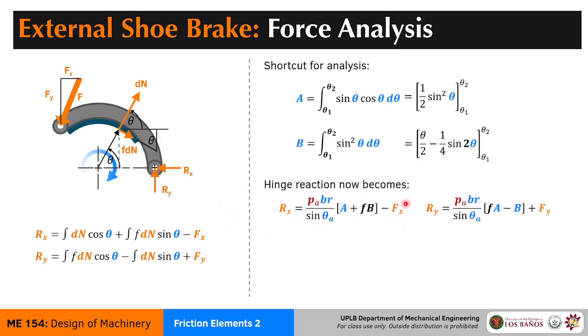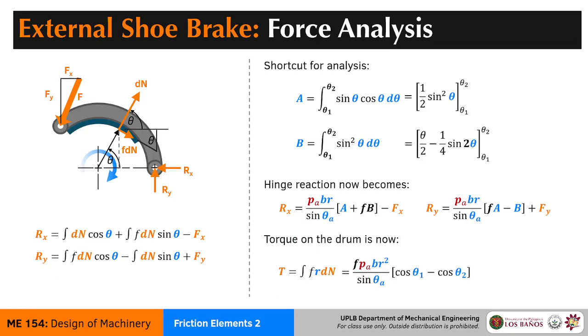So what about the friction, the actuating force? I believe you can do the same for the friction moment and the normal moment. So I'm just going to leave it up to you to solve. Now the torque on the drum is defined as the integral of the friction force times the radial arm, and that is this entity here.